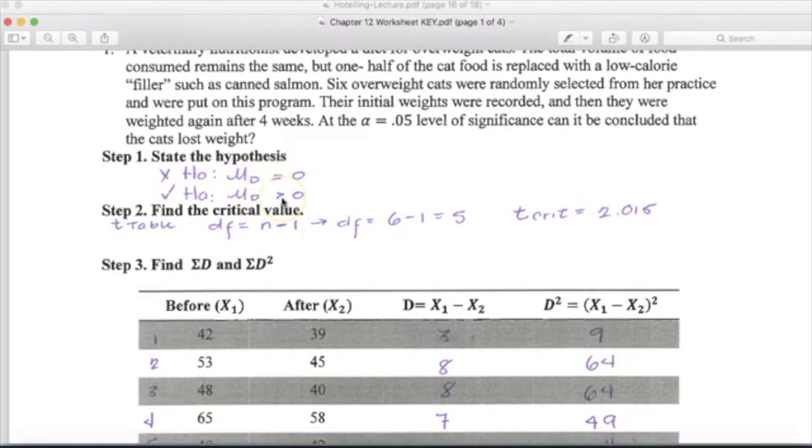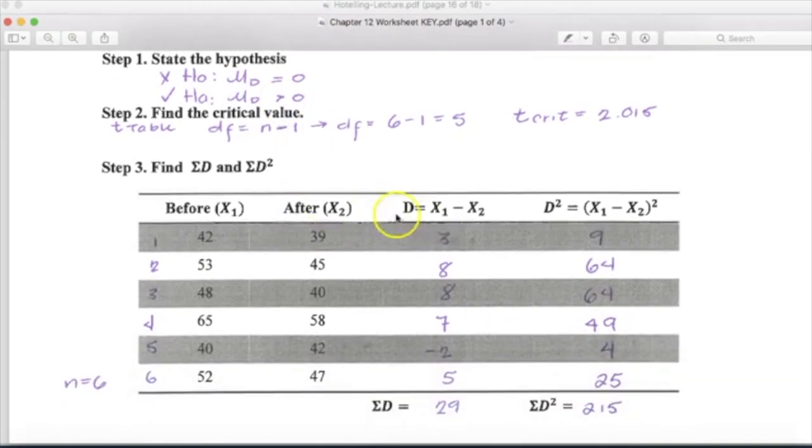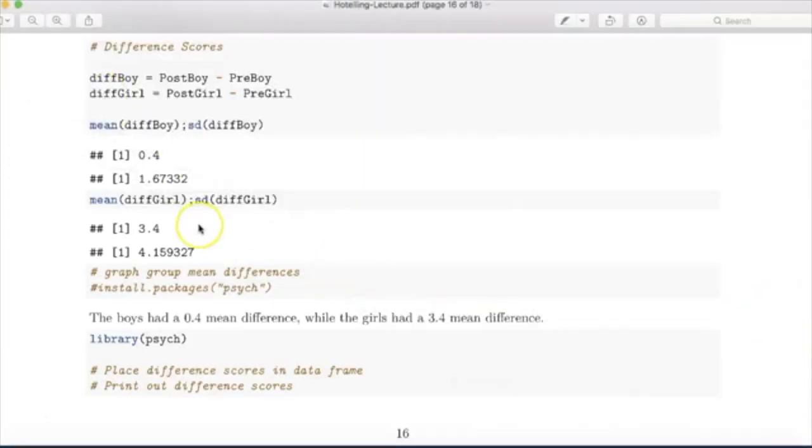And then the alternative would be greater, less, or different, or whatever you were interested in. But you also have to find the difference between the two time points. You would find the mean of the differences. You would find the standard deviation of the differences. It's a very long problem to do by hand, even when it's in the univariate case. So that's what I'm doing here.